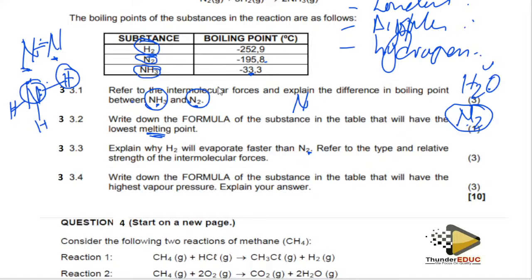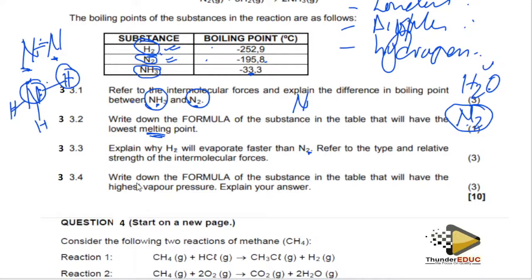The type involved here is the London force or London dispersions. So it's weak, and then this one is going to have dipole. Therefore, this one is going to have a lower boiling point compared to this. Hence, hydrogen will evaporate faster because its boiling point is low. Refer to the strength of the intermolecular forces of attraction.